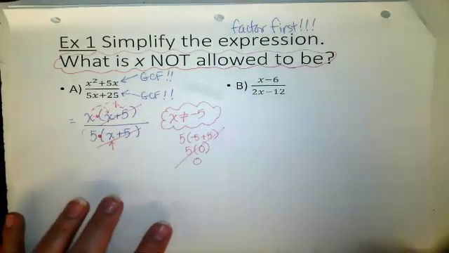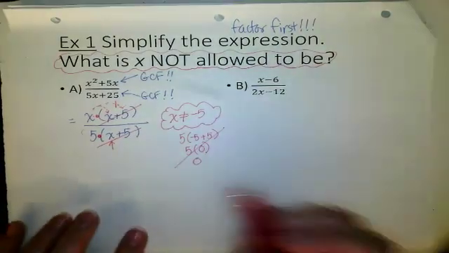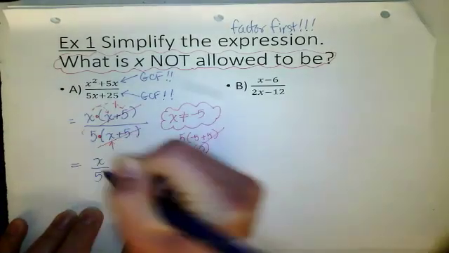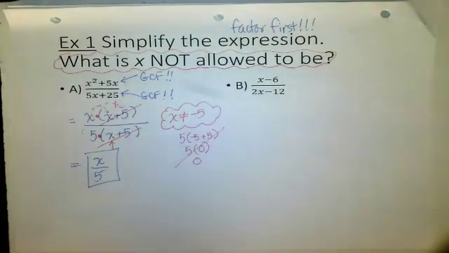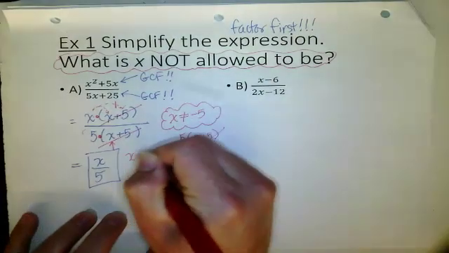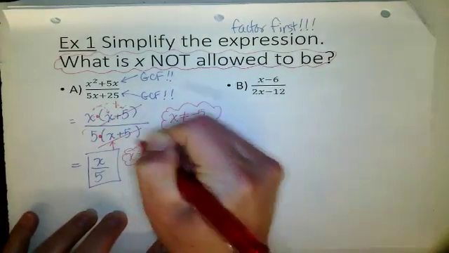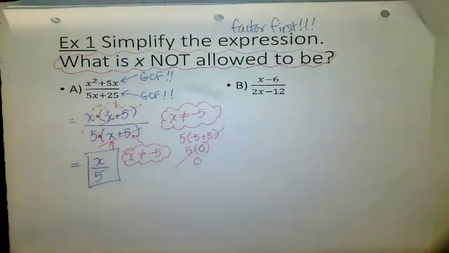Just like 2 divided into 2. It divides into itself one time. And we're left with x over 5. And this is our simplified expression. We also want to keep in mind that x is not allowed to be -5, from that little bubble right there, that would make that denominator 0.